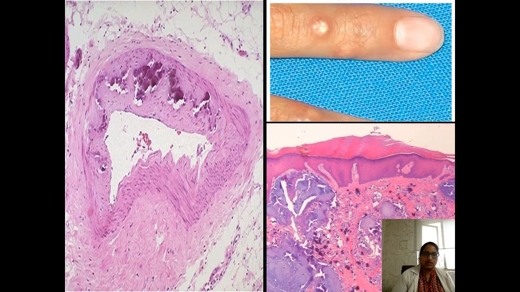This is the vessel wall. We can see within the tunica media calcium deposition. And this is the calcinosis cutis just beneath the skin. You can see numerous calcified bodies. This is the calcinosis cutis. This is the amorphous basophilic granular material.